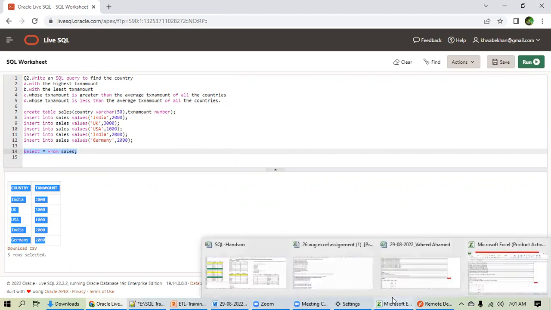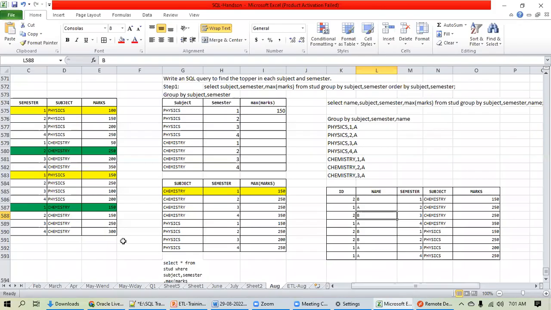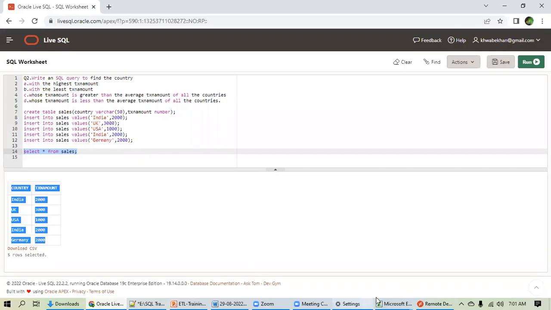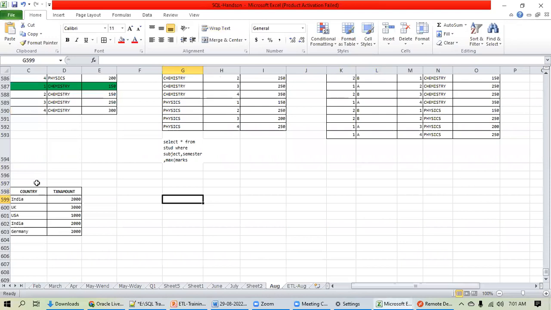Most of you, I think not most, all of you have made a mistake here. Not an issue, we'll look into this. Hope my voice is audible clearly. So this is your sales table, and this is the country.